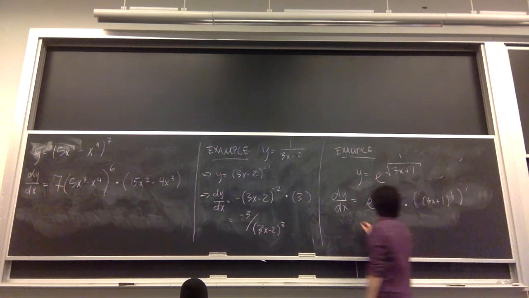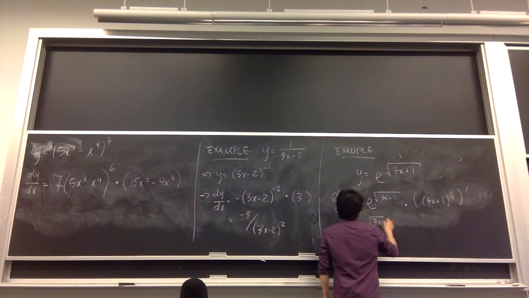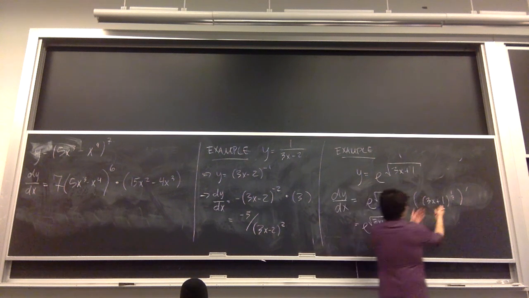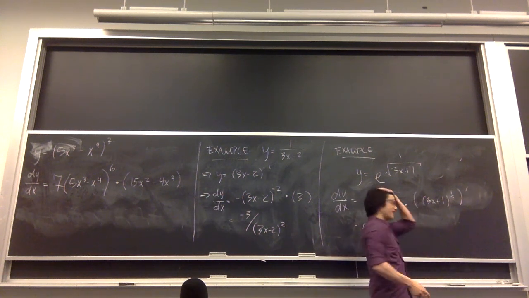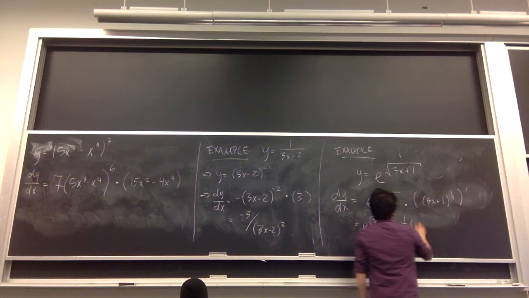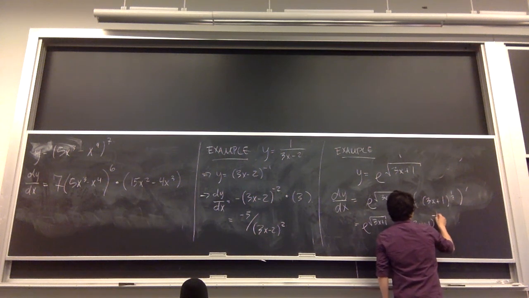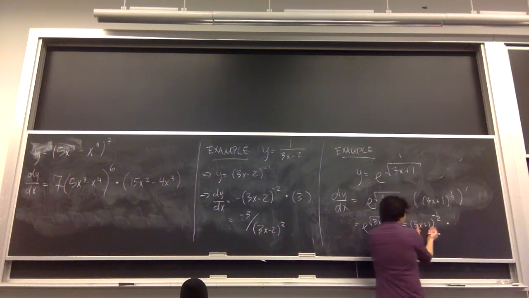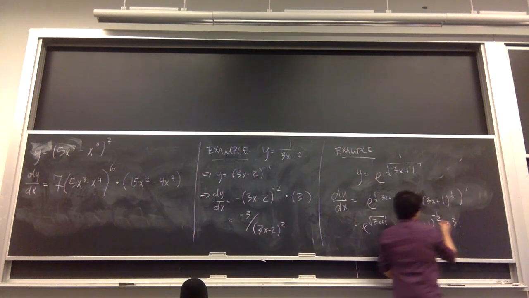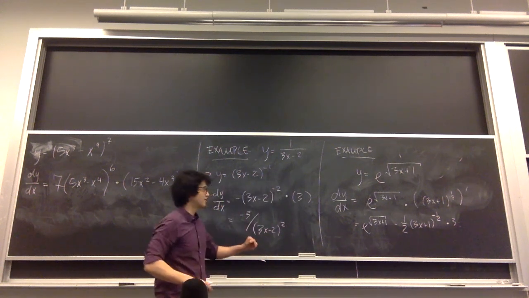So this is e to the square root of 3x plus 1 multiplied by, now this itself requires chain rule. I hope you understand. We abstract that away: a 1/2 comes down, you get 3x plus 1 to the power of 1/2 minus 1, which is minus 1/2, multiplied by the derivative of the inside, which is 3. So you gave me a 3/2, and I assume that's correct.